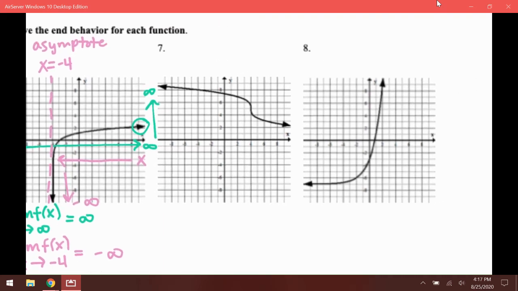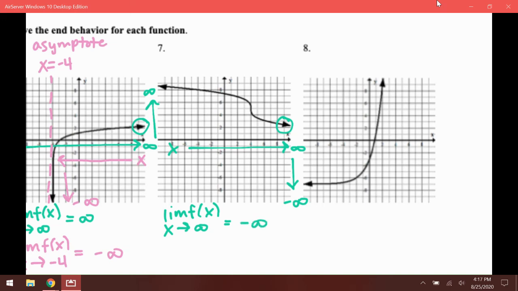All right, example 7. I have the limit of f of x as x approaches infinity equal. So as x approaches infinity, that's this arrow over here, my y's are going to negative infinity. So it's going down.